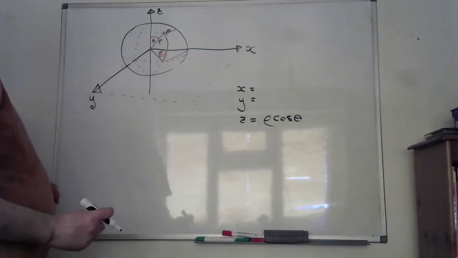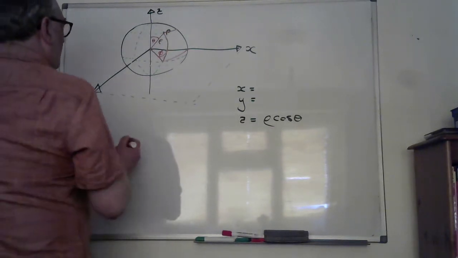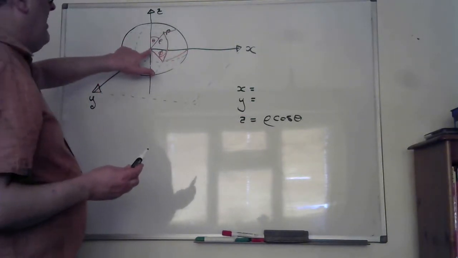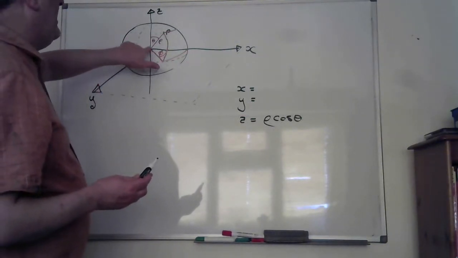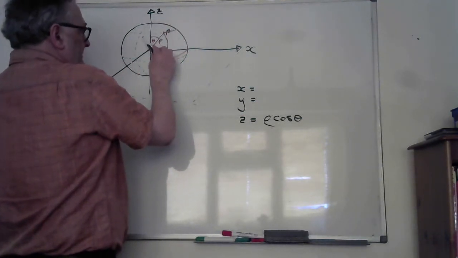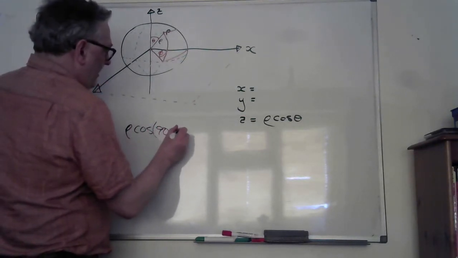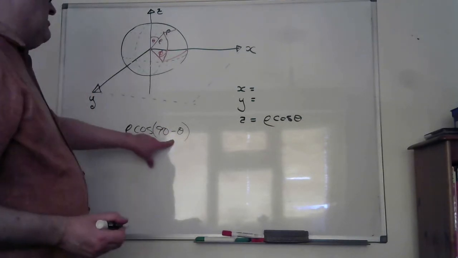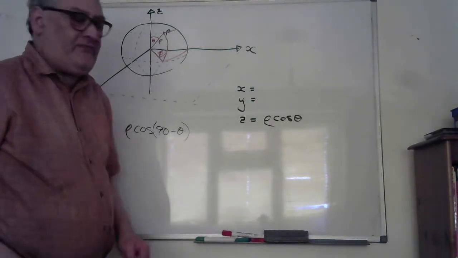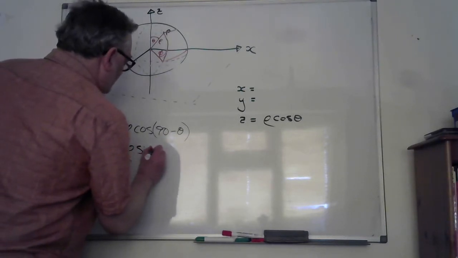Now we'll start with x. It doesn't really matter whether we start with x or y, but x makes sense. If we do the same with rho, but in the opposite direction to get down to this red line here, then we have rho cos(90 minus theta). But we don't want angles like that. If you've done high school level mathematics, you will realise that that's actually rho sine theta.